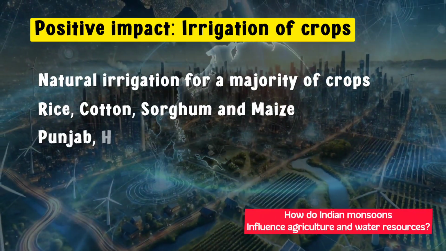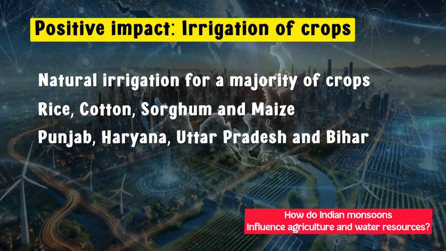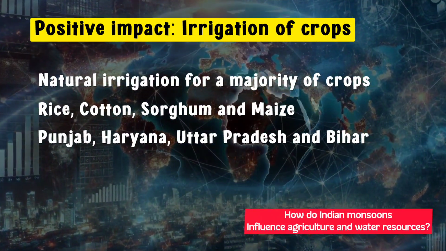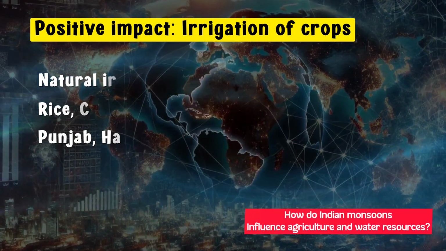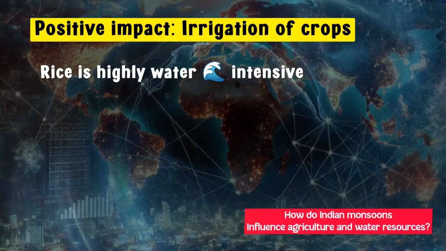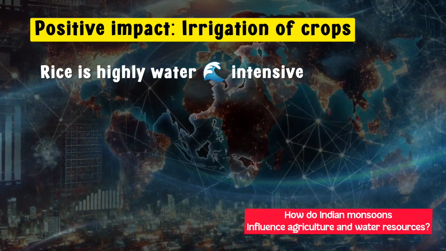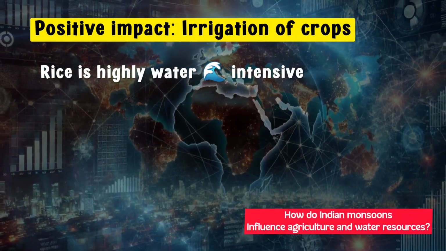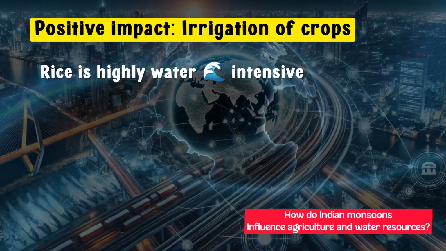These crops are mainly grown in regions like Punjab, Haryana, Uttar Pradesh, and Bihar, where the soil moisture from monsoon rainfall sustains crop growth. Rice, in particular, is highly water intensive and thrives in regions with consistent rainfall. The monsoon rains help farmers maintain the required water levels in rice paddies, ensuring healthy crop growth.